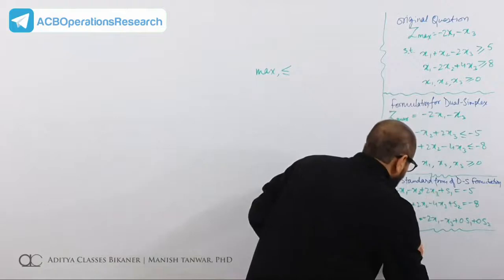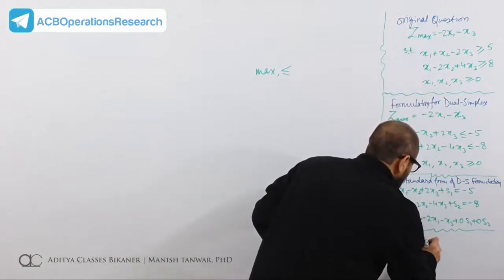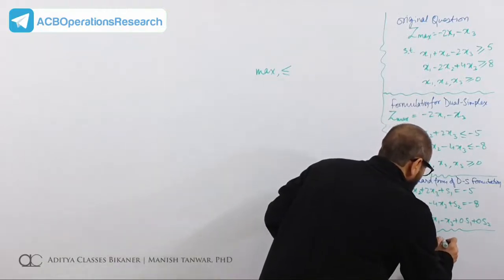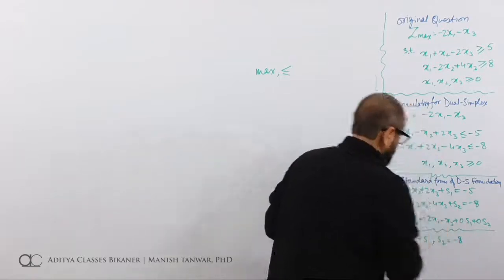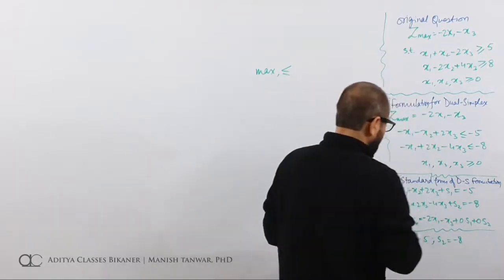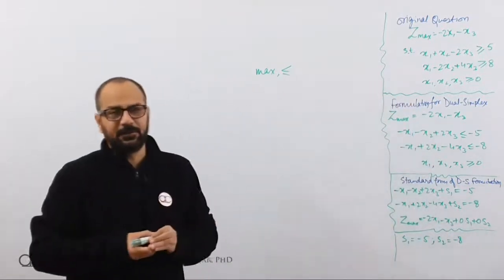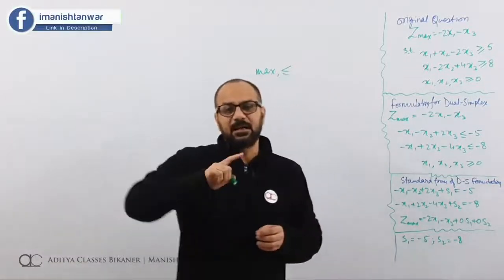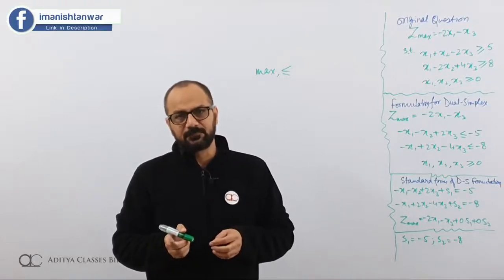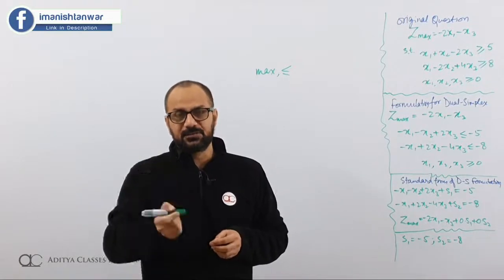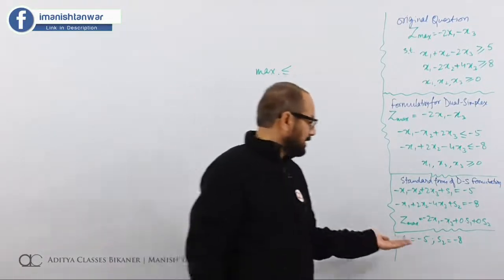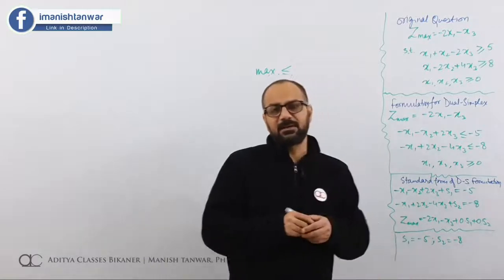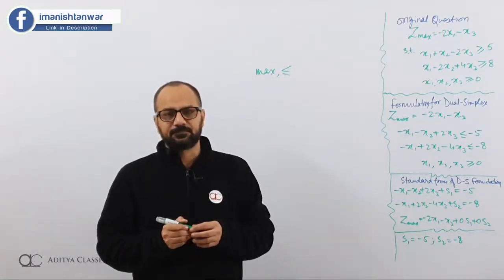IBFS would be S1 is equal to -5, S2 is equal to -8. Now look very carefully. S1 is equal to -5, S2 is equal to -8. If it were the simplex algorithm, the first condition for starting a simplex problem is that the IBFS can never be negative.